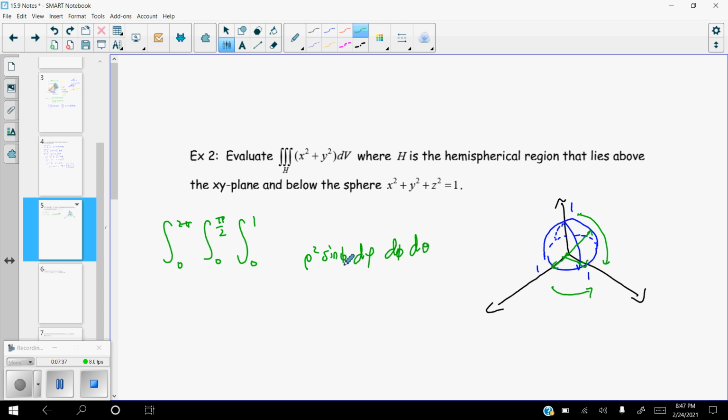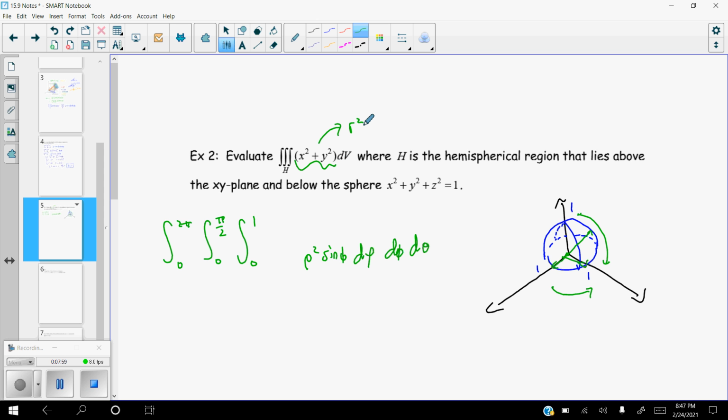And we have to convert x squared plus y squared into spherical. You can do it in multiple ways. It might be easier to say, first of all, x squared plus y squared is r squared in cylindrical. And why might that be easier?